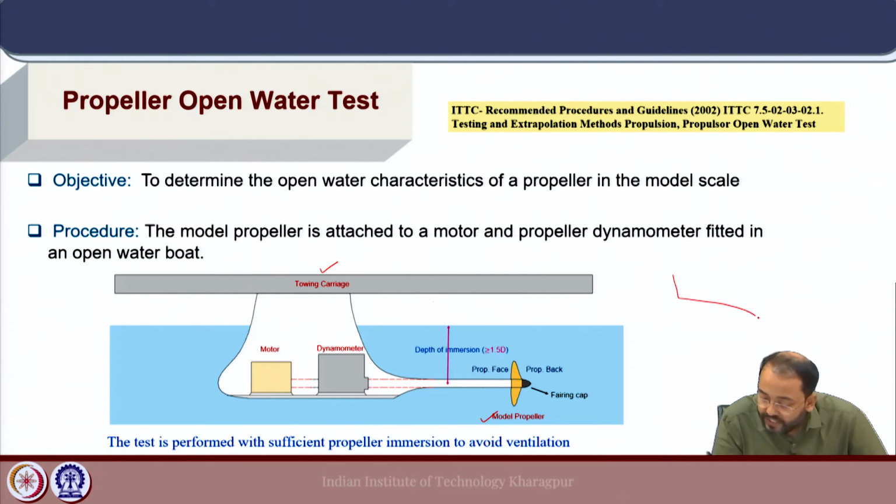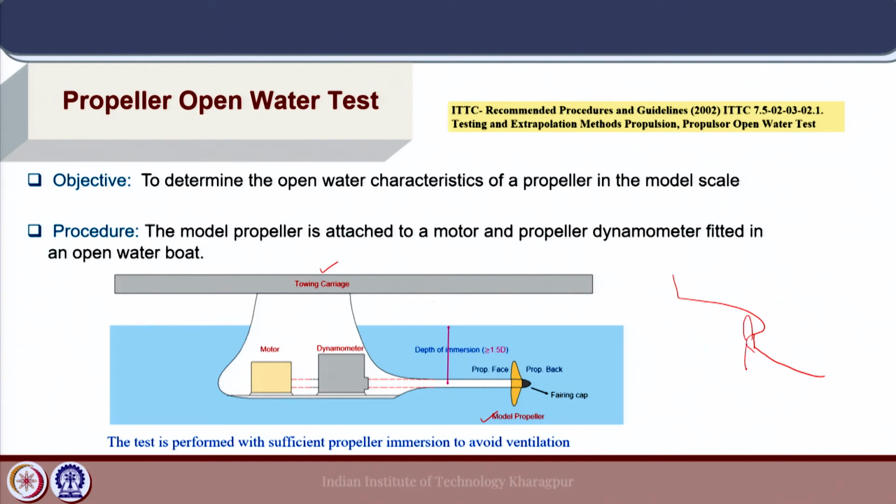So, if I draw a ship propeller, this side is the back, which faces the inflow into the propeller based on the wake velocity of the ship.